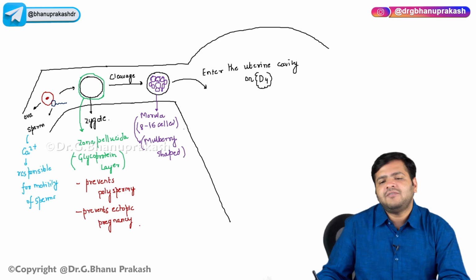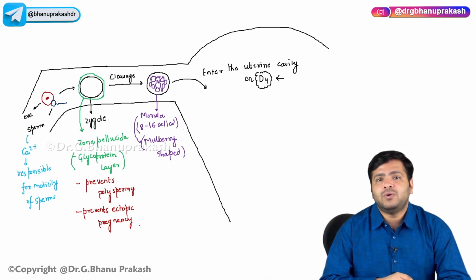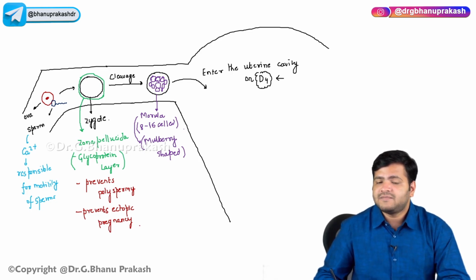Now, when I say day 4, if fertilization is taking place on day 1, which is the 14th day, then day 4 will be day 18 of the menstrual cycle.